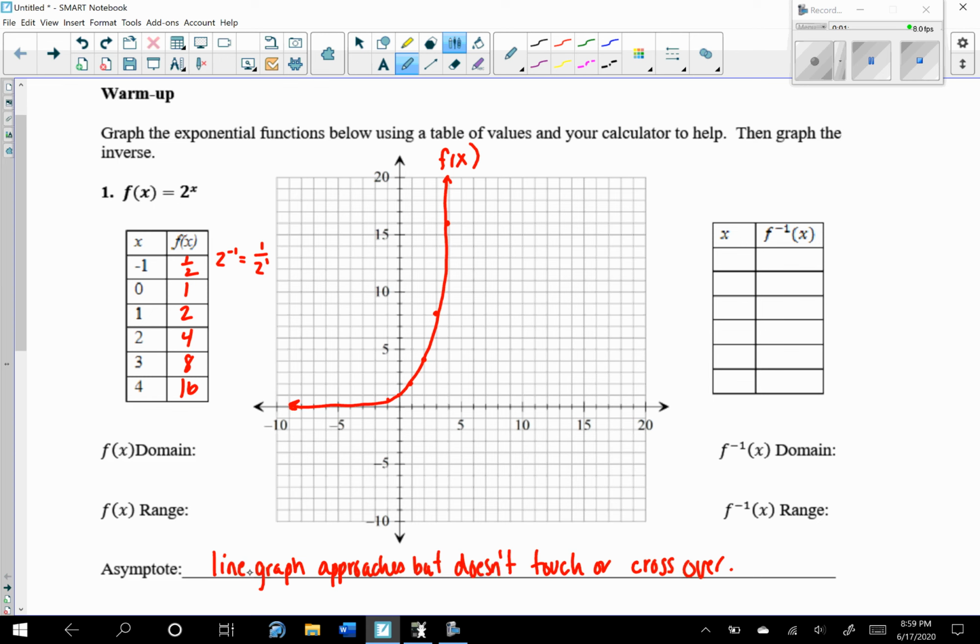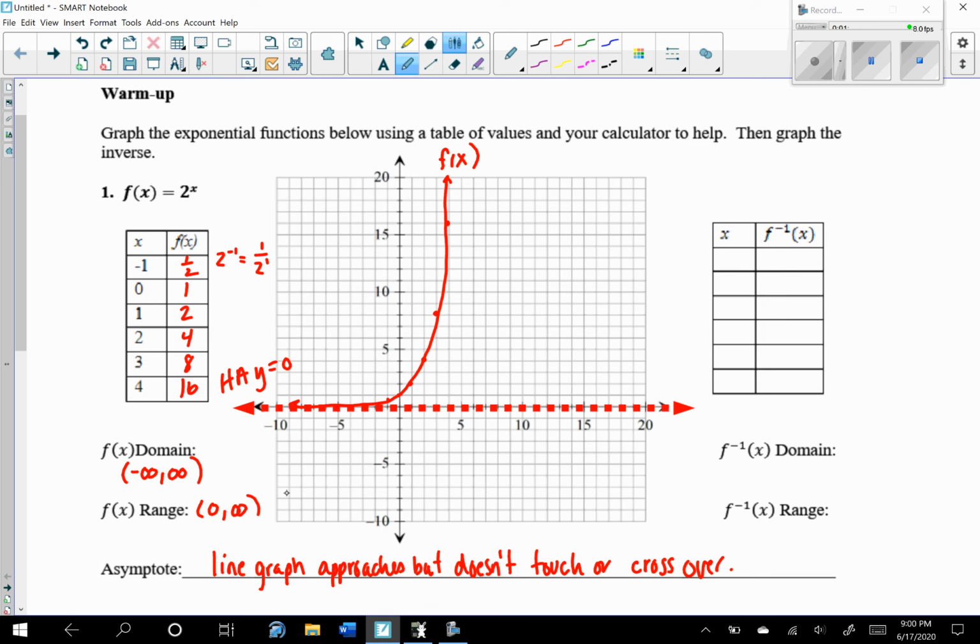We want to make sure to always include that on our graph when we're graphing these exponential equations. This is, of course, a horizontal asymptote at y equals 0. The domain for this function is all real numbers because we can plug any value in for x. The range, however, is from 0, not including 0, to infinity.